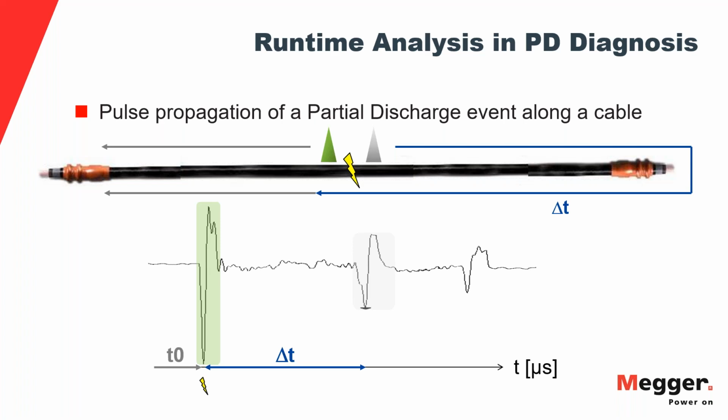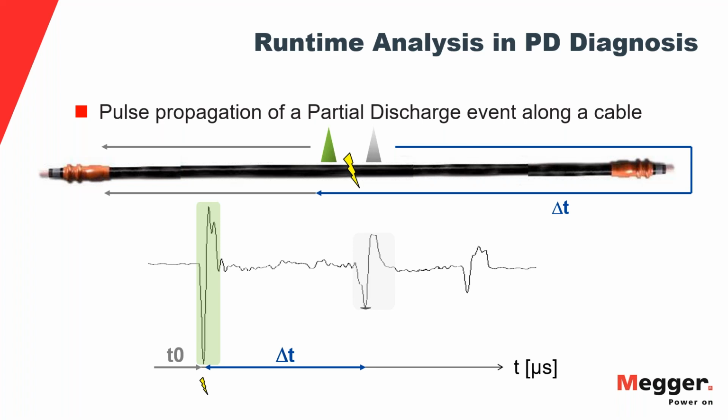You have to think about this. It's a TDR trace as if the TDR were connected at the point where the partial discharge is happening. This is why the overall trace is to be interpreted a little bit differently than a fault locating TDR trace. But essentially the physics is the same.